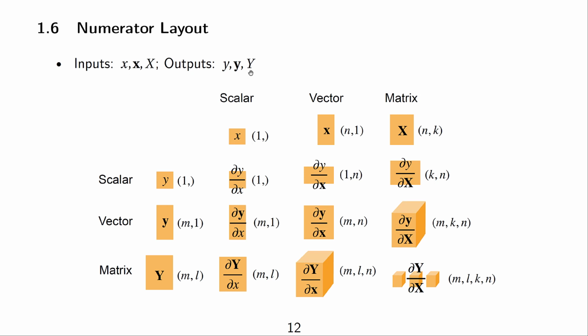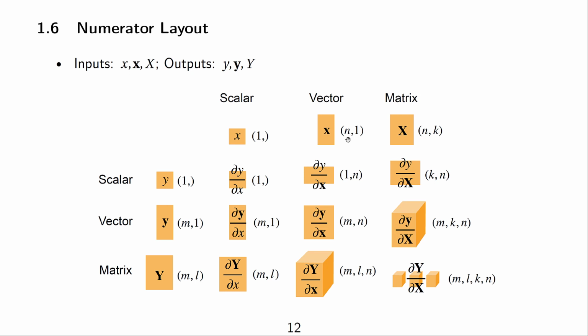So what we can look at is how the derivative looks if the input is a scalar and the output is a scalar. And that's the well-known high school case. Then dy dx is also a scalar. Now, what happens if the input is a vector? So the input is of size n times 1.